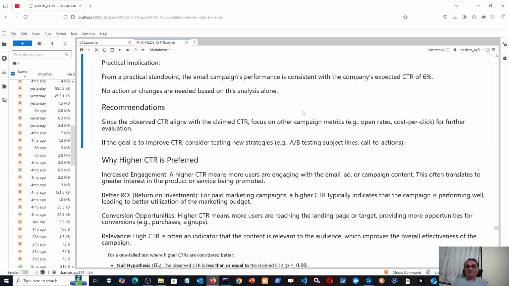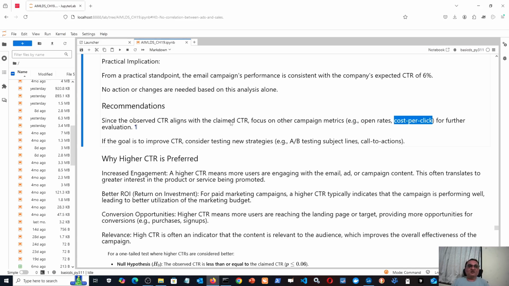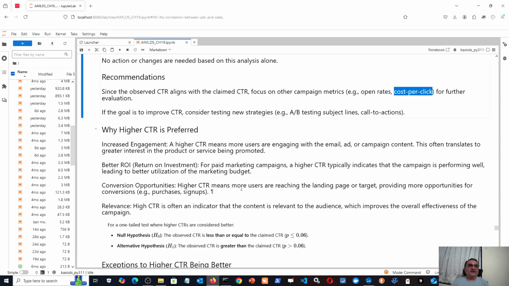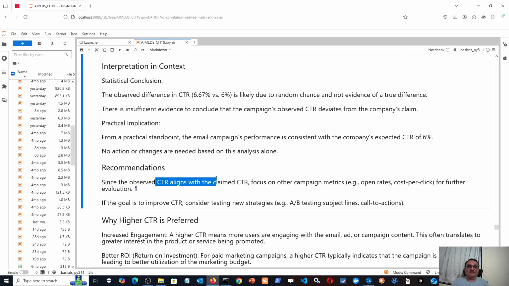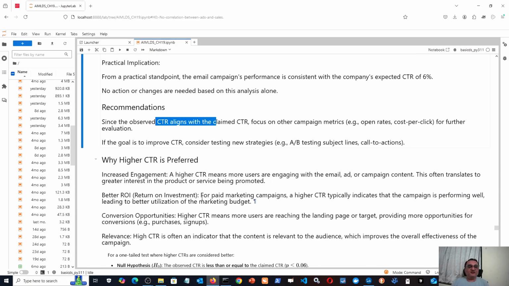That is how marketing companies make a lot of money, right? So then what is your opening rate? Then what is cost for one click, etc. parameters also you can check. And then if you find it is aligning with your business goals, then you give the contract to that marketing company. But as far as CTR is concerned, at least the claim of the company seems to be correct.